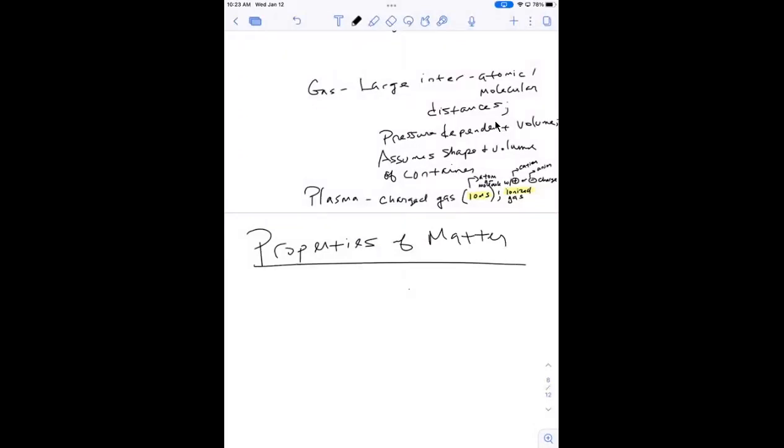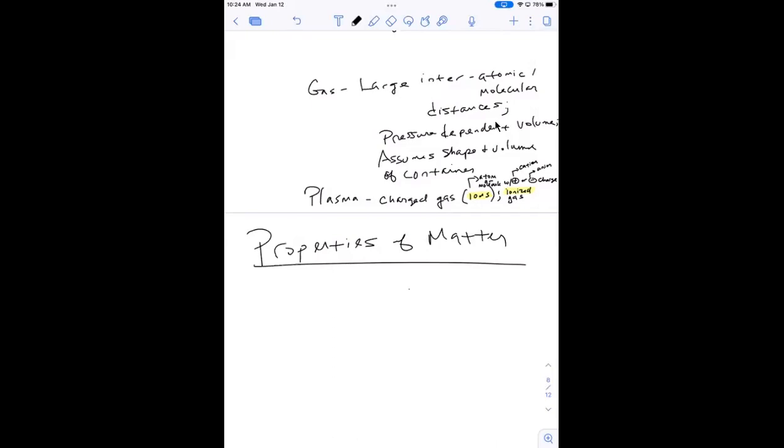All right, so let's talk about properties of matter. We talked about the fact that matter has mass and it takes up space. So the mass of a material, whatever it may be, is a measure of the amount of matter that's there.